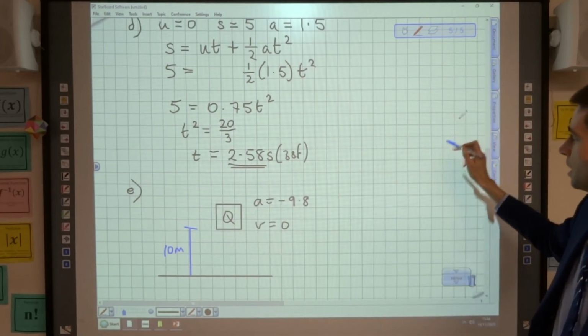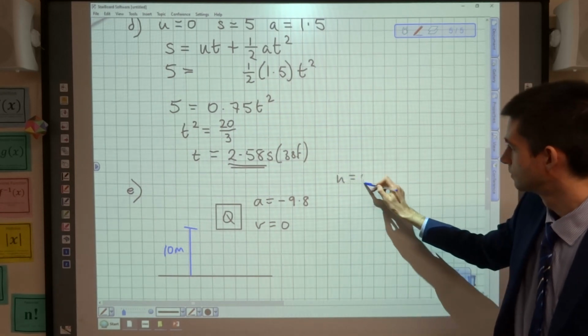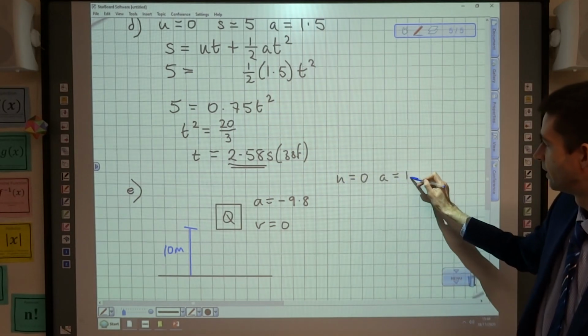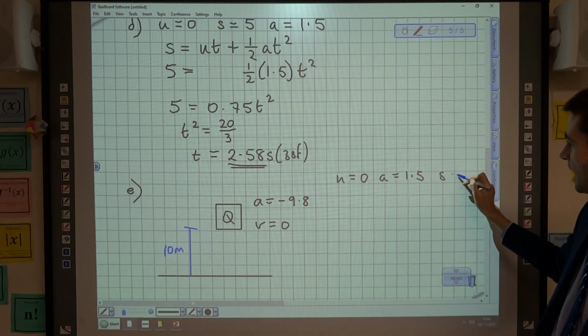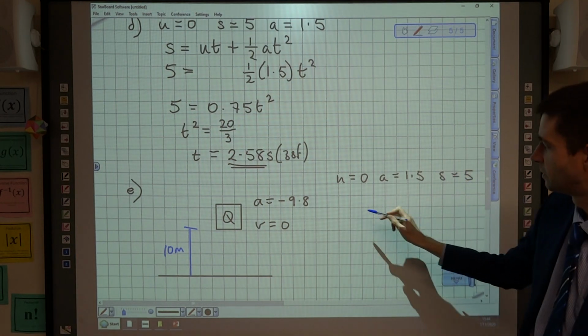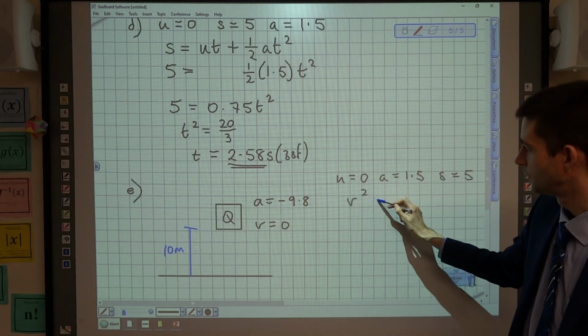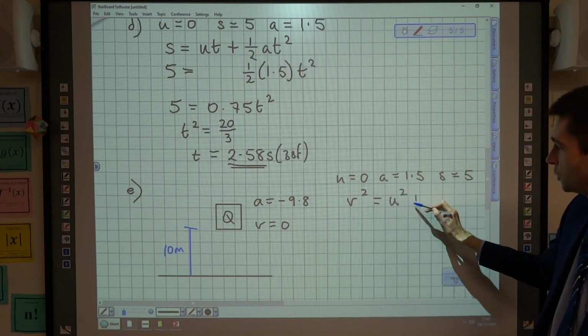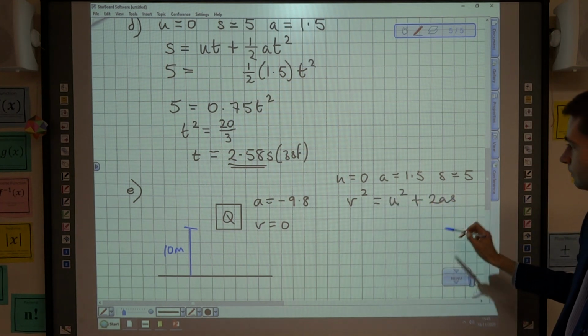So we know that U is 0, we know that A is 1.5, and we know that S is 5, and we're trying to find V. So we're going to use V squared equals U squared plus 2AS.